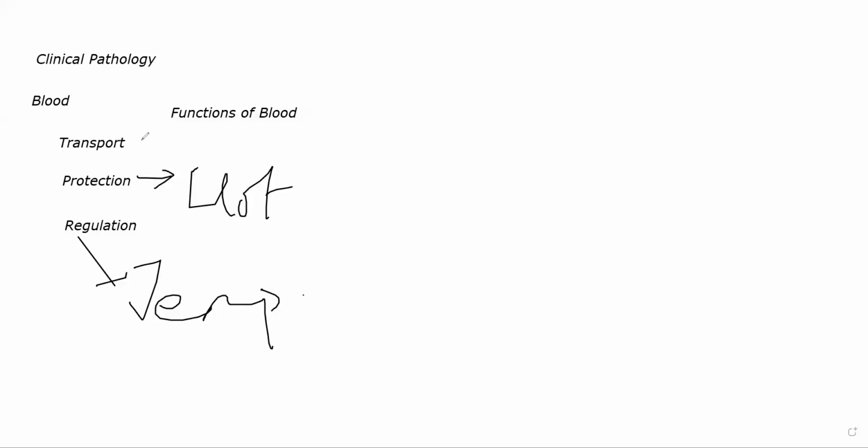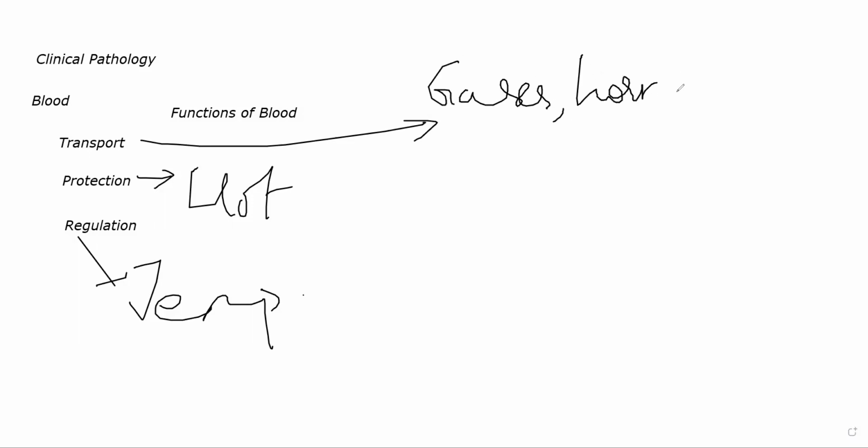Oxygen. Gases, including oxygen. Oxygen and carbon dioxide, both of them are transported. Carbon dioxide away from your cells and oxygen to your cells, so that energy can be derived. So it is transporting gases, hormones, and nutrients. What else does blood transport?